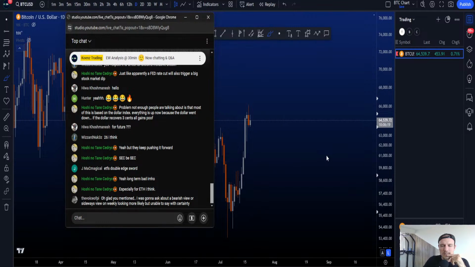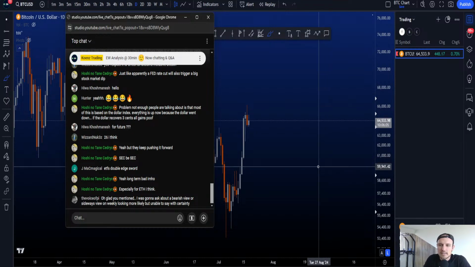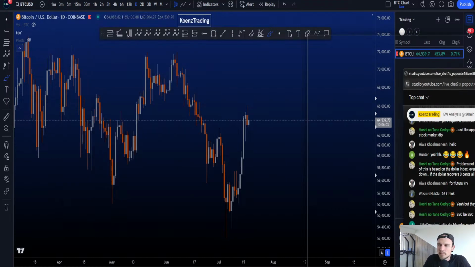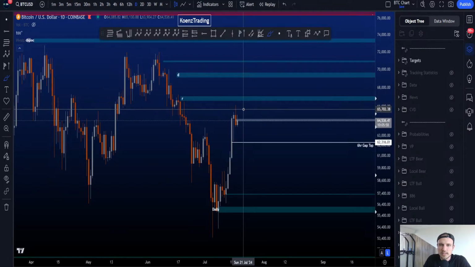So at the moment with the ETH ETF, I think the day itself might be typical like Bitcoin. The moment the news hits, nothing really happens, and then the next day is where it kicks off. What I would like to see, this would be interesting, is ETH ETF news hits.